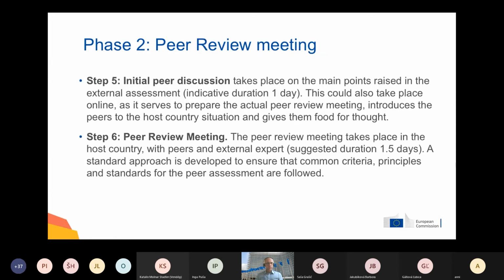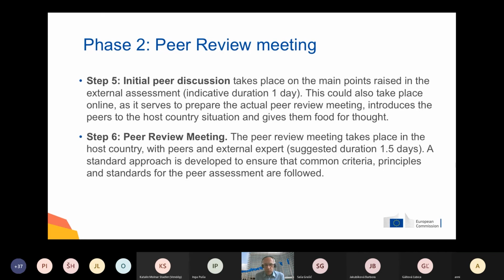Next slide, please. So then the second phase is the peer review meeting. So we plan currently 2 steps within this second phase. The first step would be an initial peer discussion, which could perhaps take place during an online meeting where already main points could be raised with regard to the peer review.